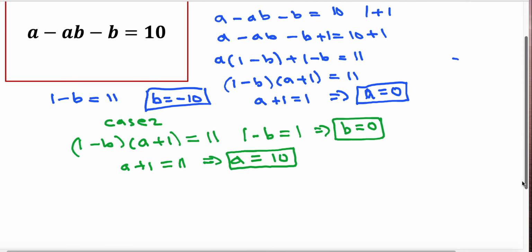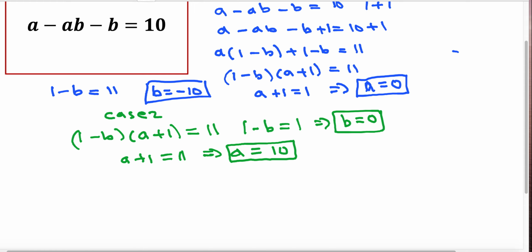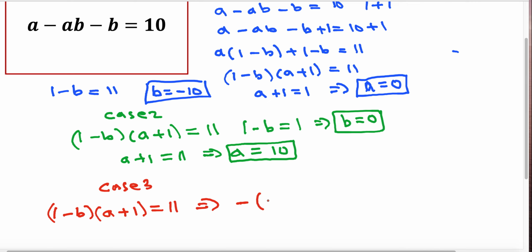Now I'm going to case 3. So let me change the colors. Case 3, I'm taking the same factors, 1 minus b times a plus 1 is equal with 11. But now let me factor out one negative sign, and this is going to be negative b minus 1, times a plus 1 is equal with 11.